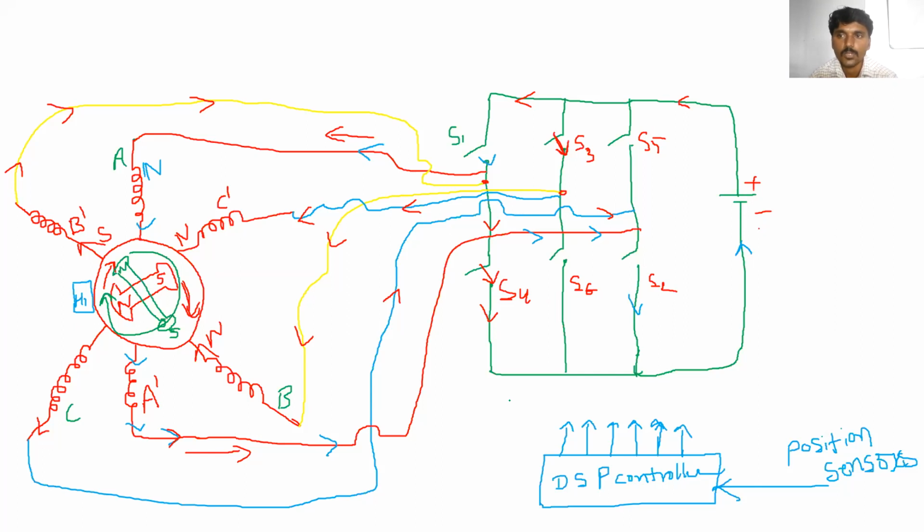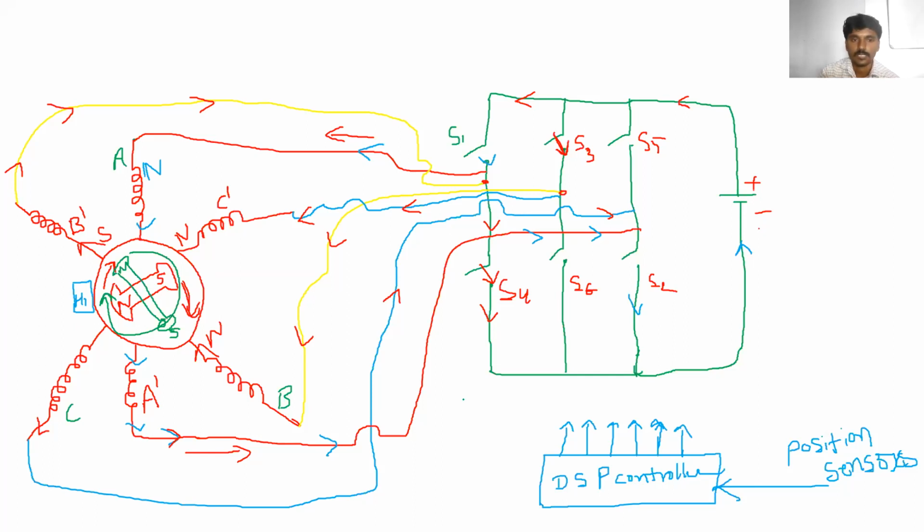The combination of the motor, power electronic converter and electrical source is called the drive. Here the motor is a BLDC motor, so this drive is called a brushless DC motor drive.